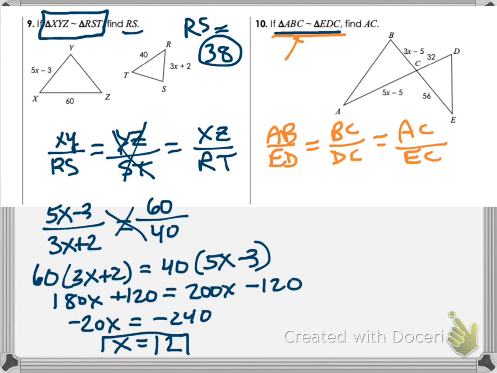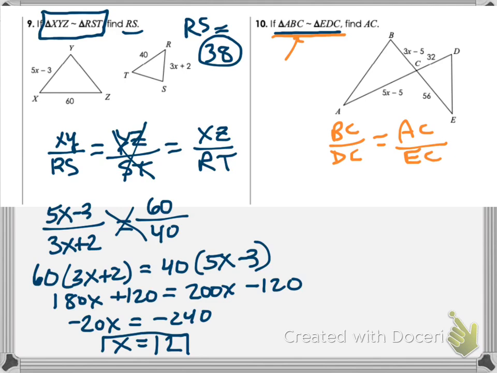That's the best deal. So now that I have my ratios, I can look at the triangles and figure out which sides, how to set up my proportion to solve. So, okay, looking here, AB compares to ED. We don't know anything about AB and ED, so I'm not going to use those. So let's just erase them.